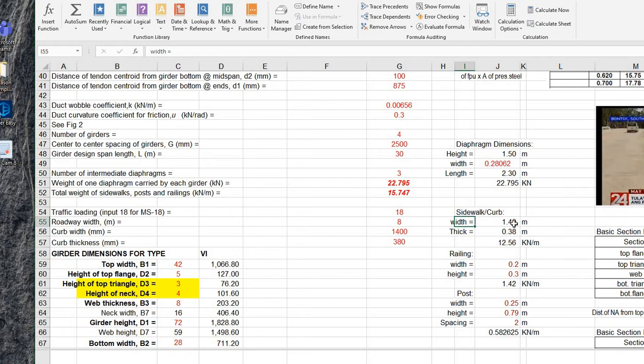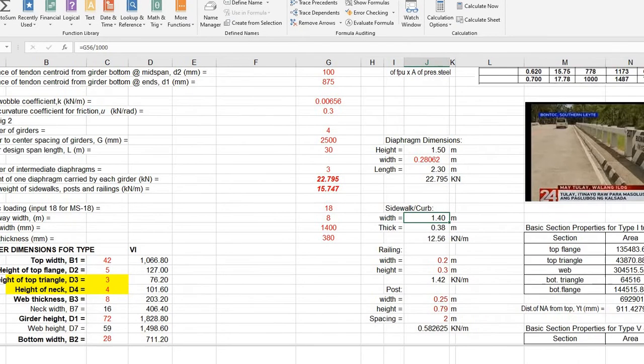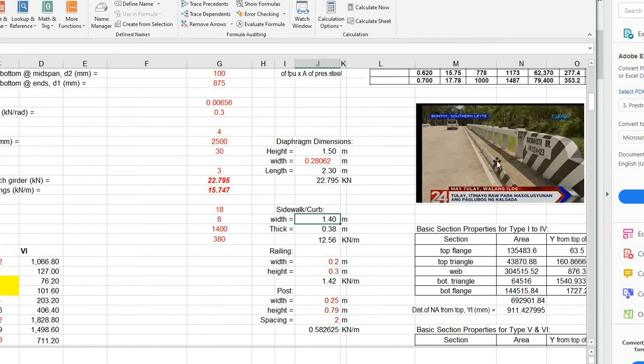So, dito tayo ngayon sa curb or sidewalk. Ang sidewalk or curb, ito siya. Okay? Yan. And then, yung railing, ito yan, yung horizontal structure. Okay? Considered as concrete section. You have 0.2 and then 0.3 din yung height.